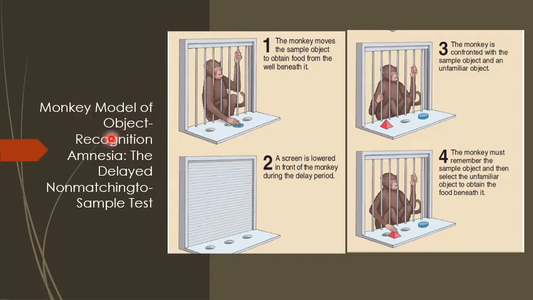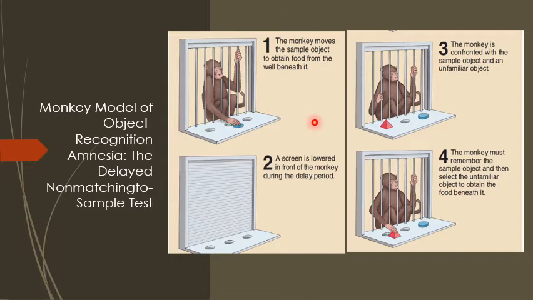And for this particular model, the monkey model, they tried to convert, if you remember HM's case, the medial temporal amnesia. So they made an animal model of his brain structure, and then they identified which parts were affected during the medial temporal amnesia.